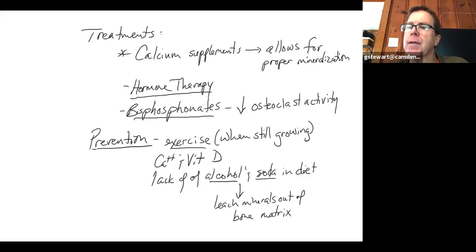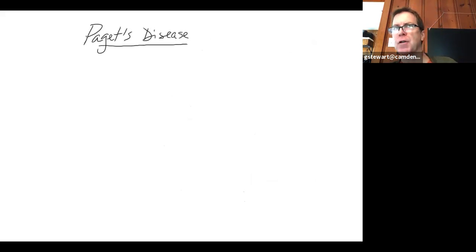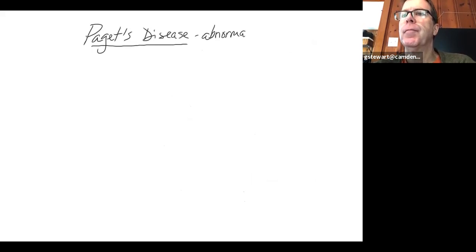All right, so that does it on osteopenia and osteoporosis for now. I'm going to layer over this and just talk about Paget's disease really quickly, which is not super common. It's sort of the opposite, in a way, of osteopenia and osteoporosis. This is an abnormal bone growth slash ossification.